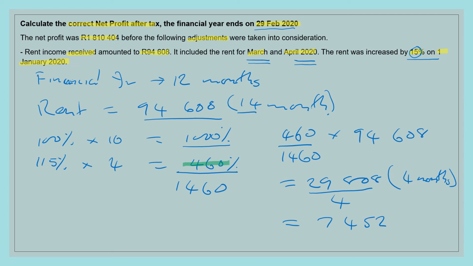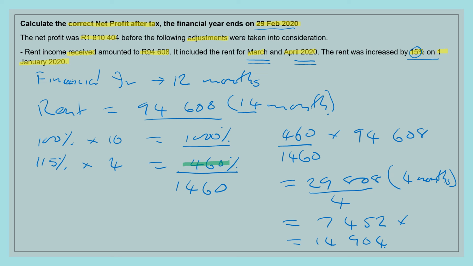That's for monthly, right? Then we need to adjust for 2 months, so multiply this by 2, then you will get 14,904.